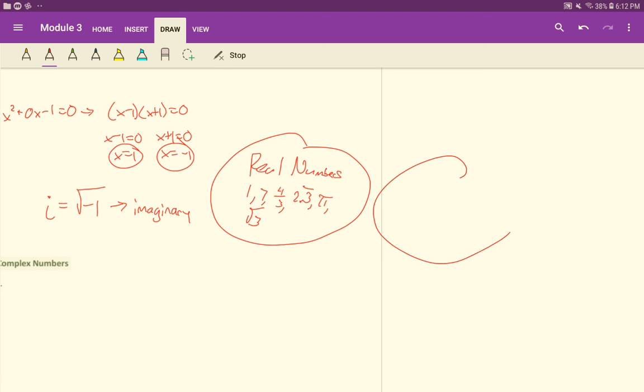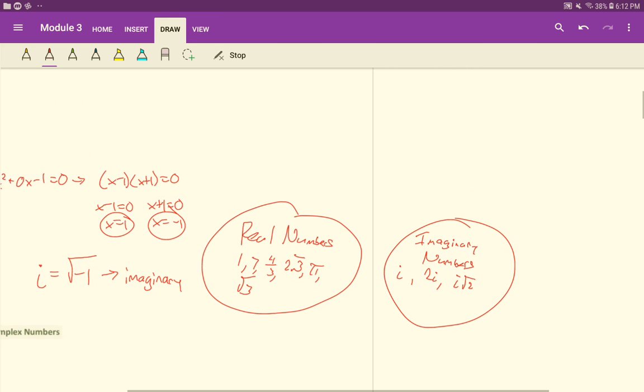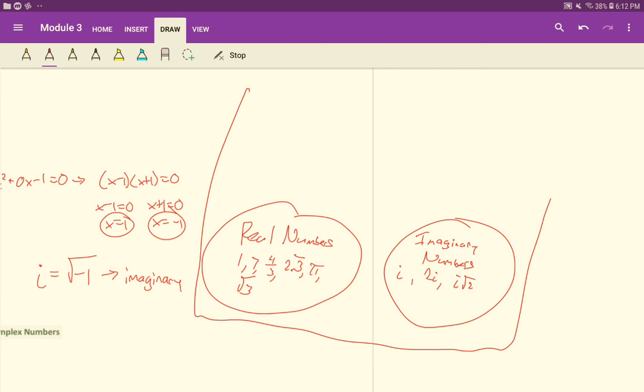Then you also have the imaginary numbers. That's going to be stuff like i, 2 times i times the square root of 2. And then these two groups together are contained in the complex numbers.